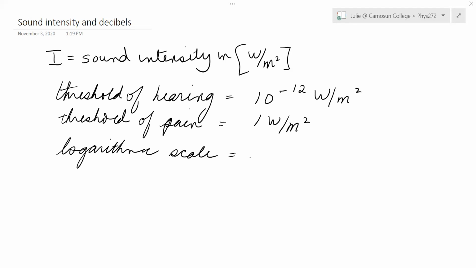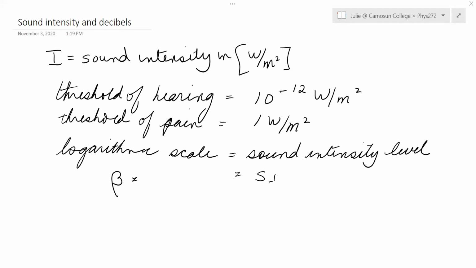So this logarithmic scale is called the sound intensity level. And sometimes people get confused. Sound intensity is not the same as sound intensity level, or sometimes just called sound level. And these are what decibels are all about. So beta is the sound intensity level in decibels.